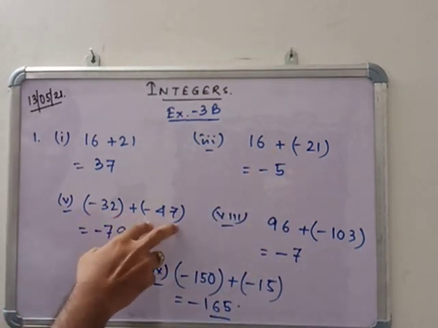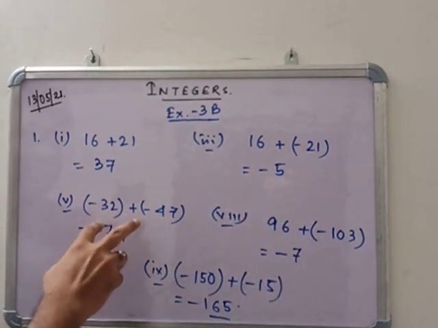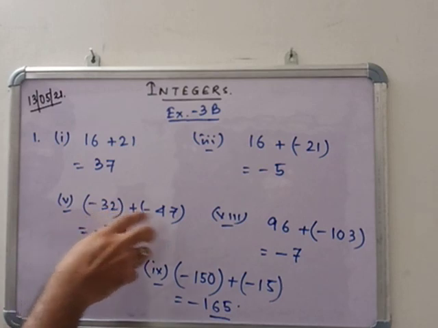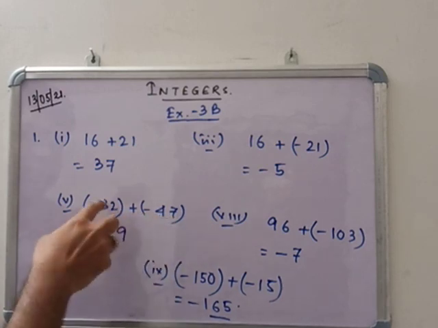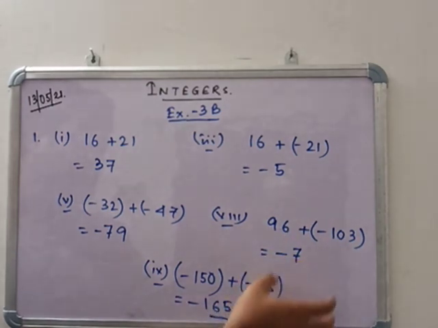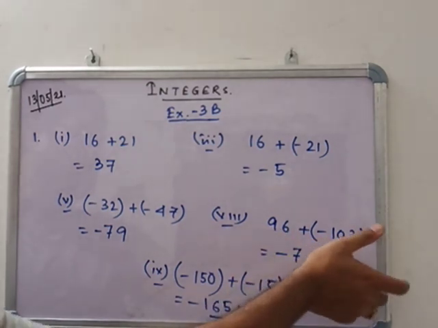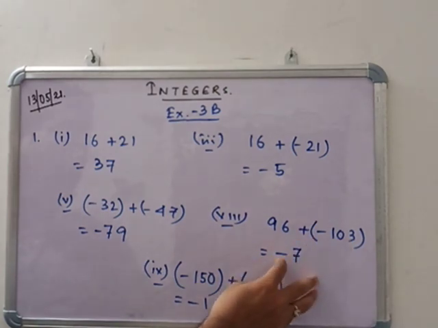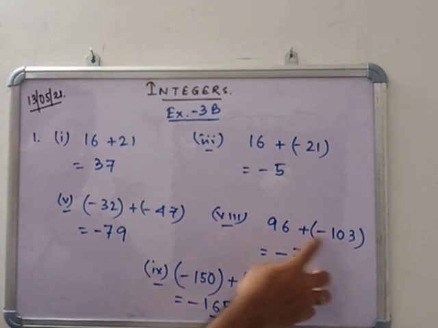Next, adding two negative numbers gives a negative number, so minus, and only addition: 7 plus 2 is 9, 4 plus 3 is 7. Now this is plus 96 and this is minus 103. Which is the big number? 103. And what is the sign of 103? Minus. So minus here and the difference is 7, so minus 7.